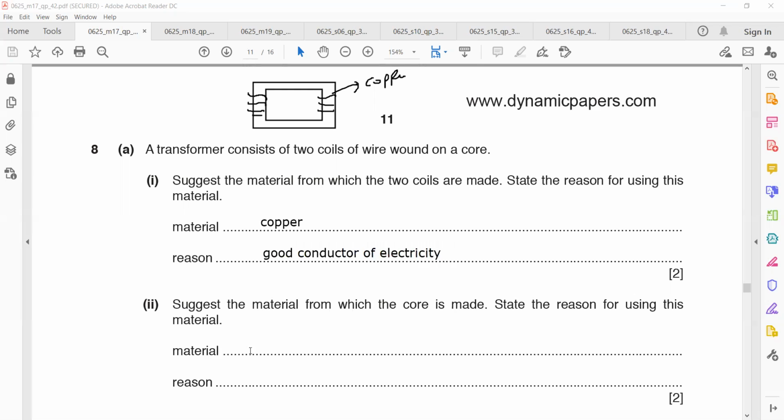The second part: suggest the material from which the core is made. Like which material is this core made up of? Yeah, the core is made up of iron. And the reason, because it can easily magnetize or demagnetize.